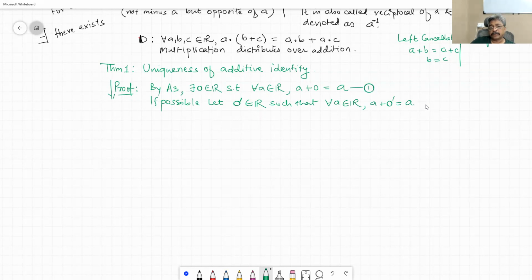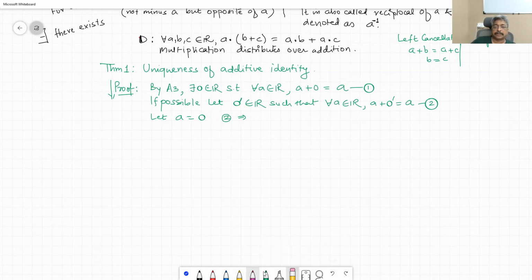Statement 1, statement 2. Let A is equal to 0 dash. Statement 2 implies, let A is equal to 0.